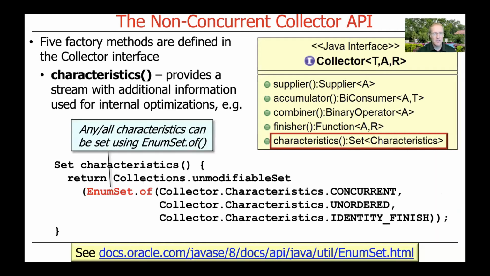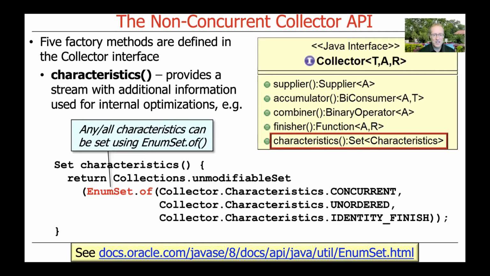It's just left default. You can set these characteristics a number of different ways. Here's probably the most generalized way of doing it. You can use the EnumSet.of factory method, and then you can indicate which of the characteristics you want to enable in the set or not. So you could leave it all blank and just have it return nothing.